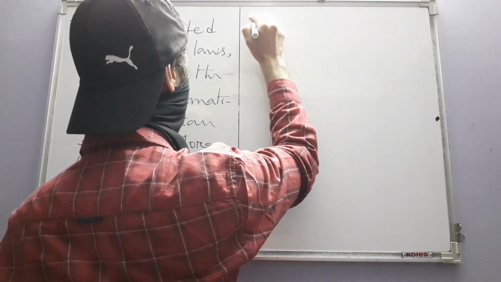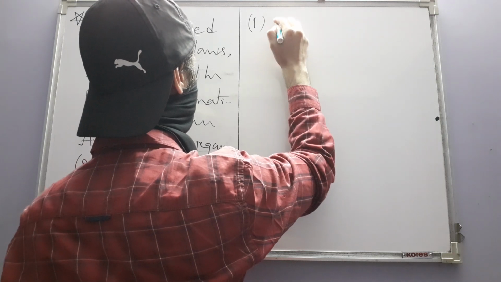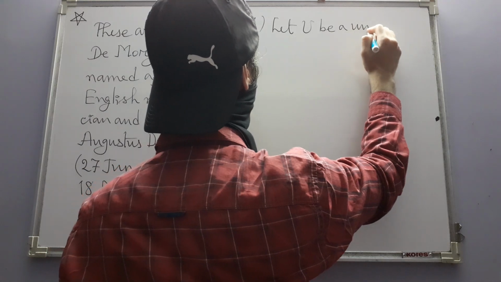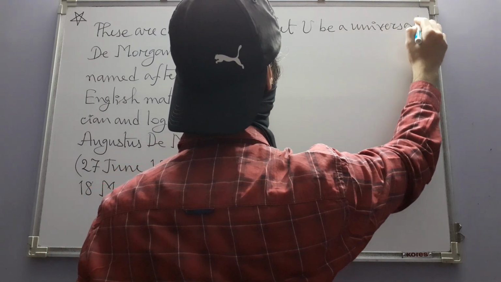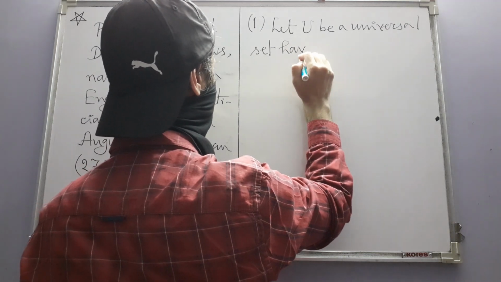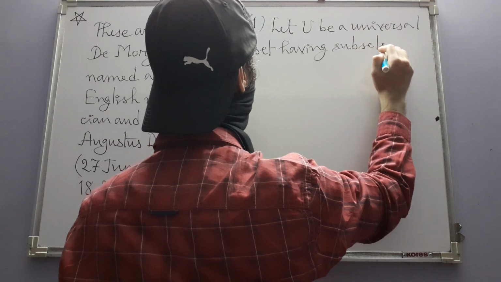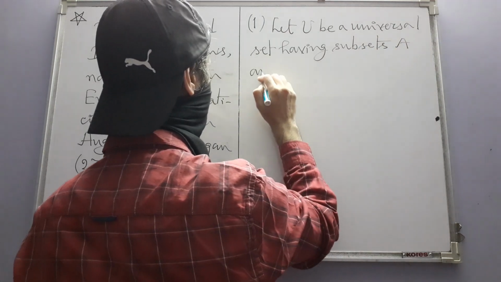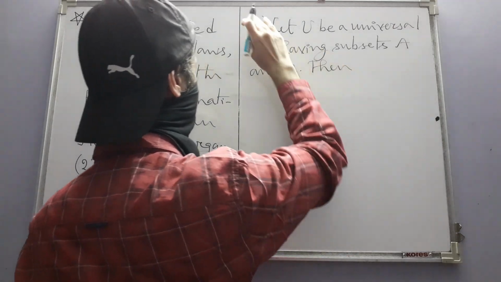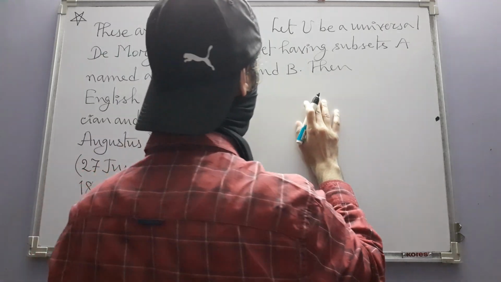So let us first prove. Let me write like this. Let U be a universal set having subsets A and B. Then, perhaps I should have given the numbers here.